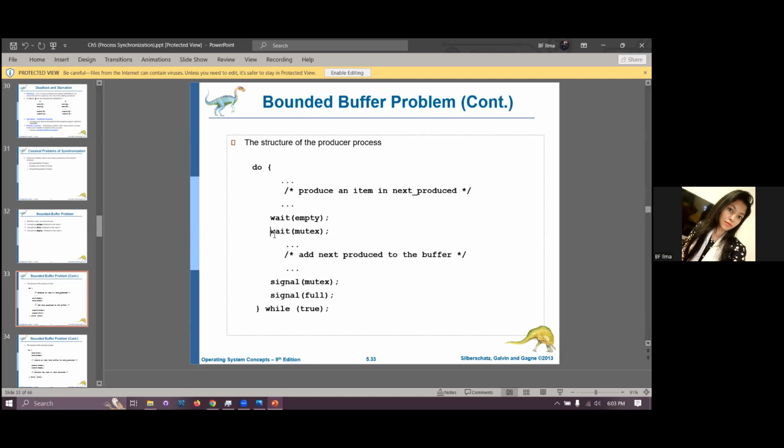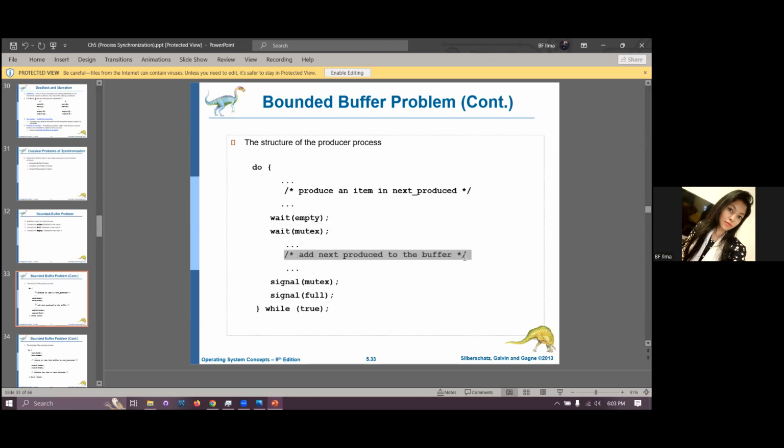That means if you are waiting on mutex, as I mentioned before, wait is used to decrease the value. So 1 becomes 0. So at this point, if a context switch happens, any other process will be forever waiting on mutex, because as I mentioned, we are not allowing it to go to the negative side. Since it is 0, it will keep on waiting.